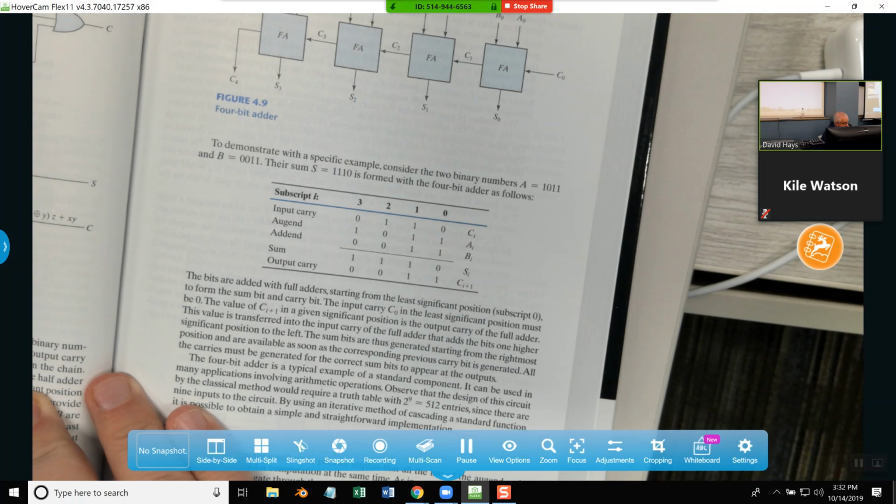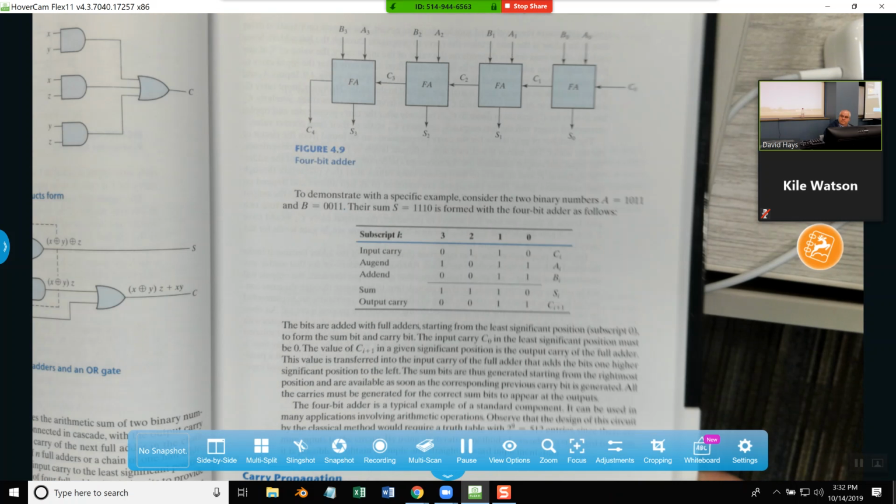Oh, I'm looking at the wrong one. This one up here. Okay, I can buy that, because there's no primes up there. I was looking down here. And none of these have primes on here. So, okay, that makes sense.